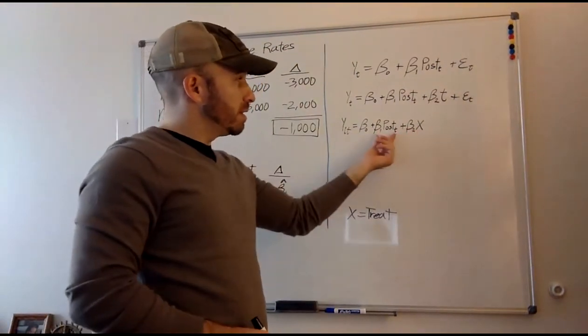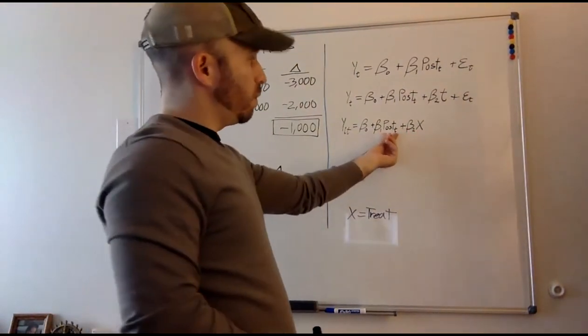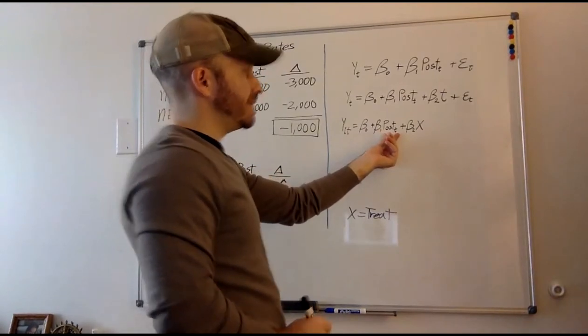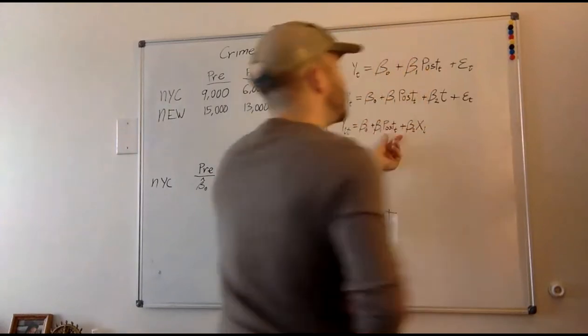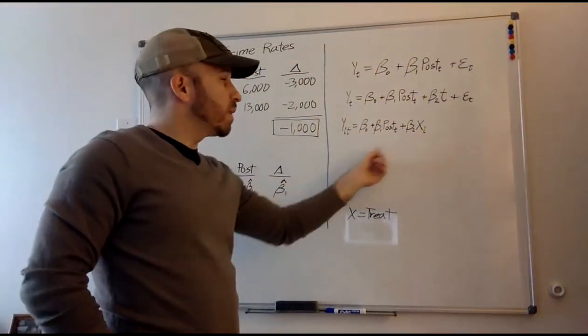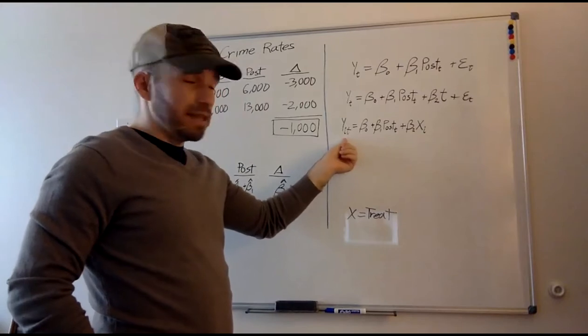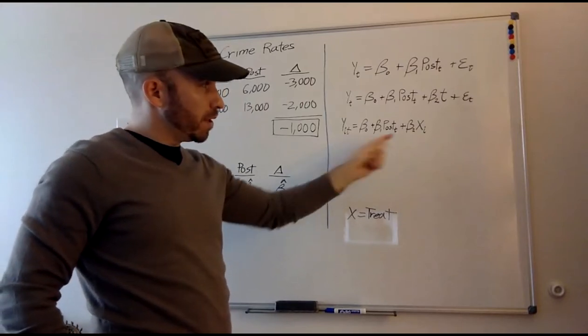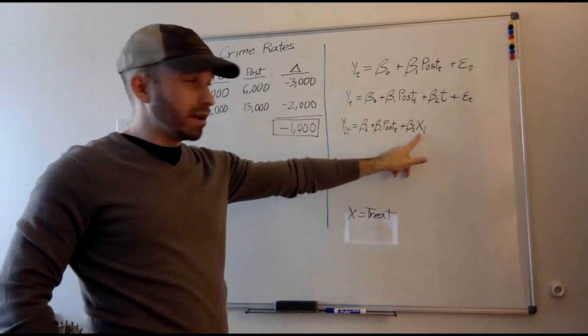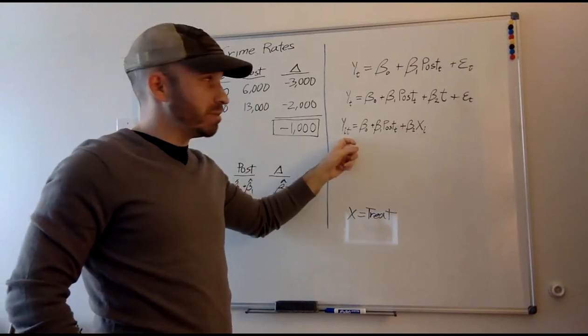Right, so this is an indicator for whether or not it's pre or post implementation of the new policy, and xi is an indicator for whether that city is among those that were treated by the new policy. Note that this is always equal to 1 for any city in the treatment group, right?